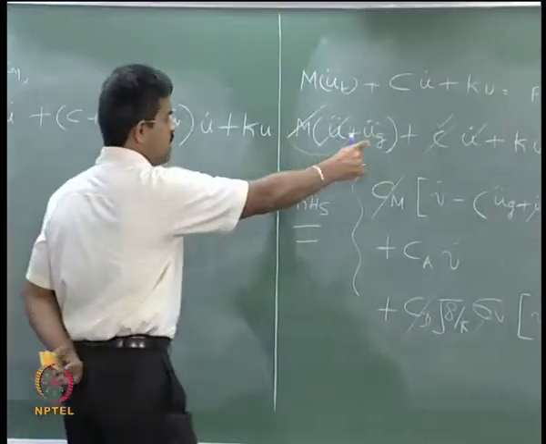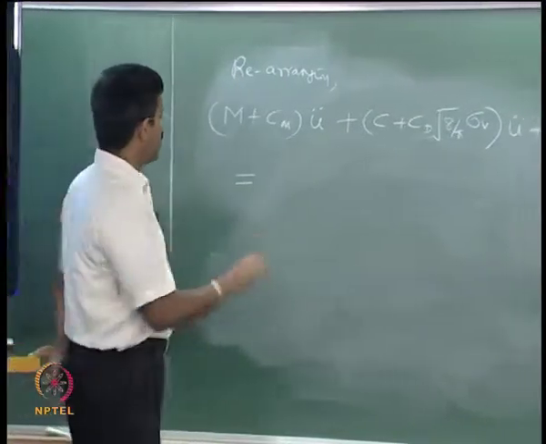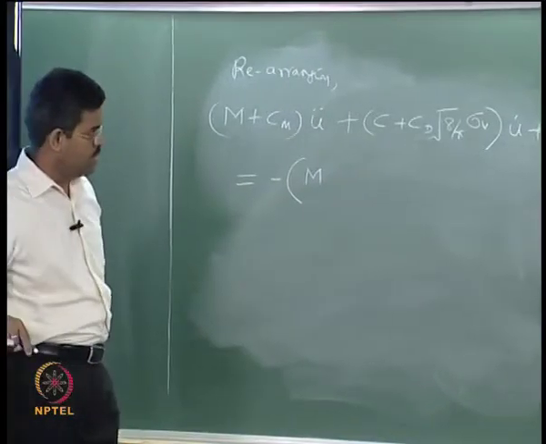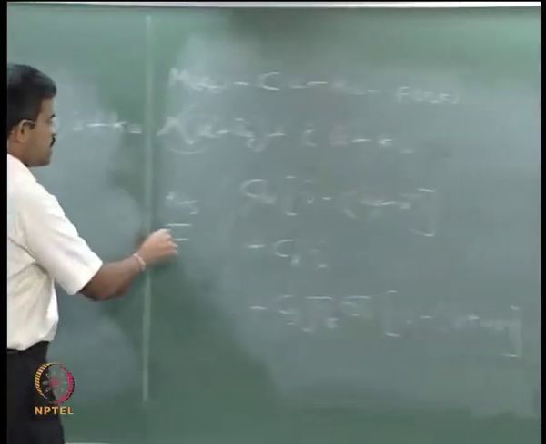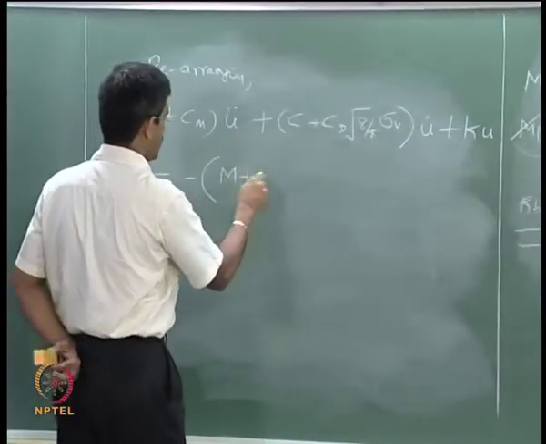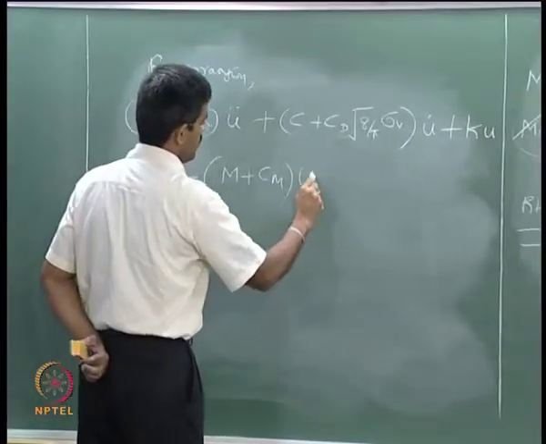What we have left over we will take to the right hand side. There is u double dot g here which goes there, minus of M, there is already a minus term on the right hand side, u double dot g with Cm, plus Cm of u double dot g.